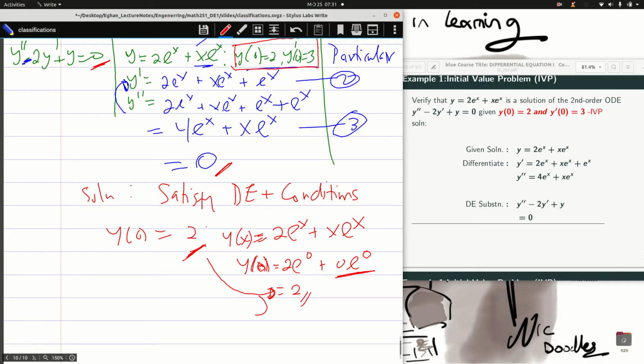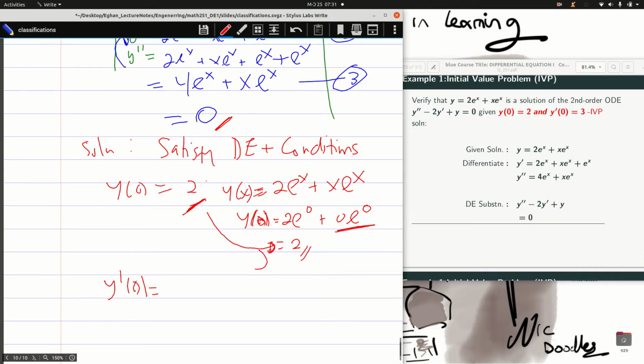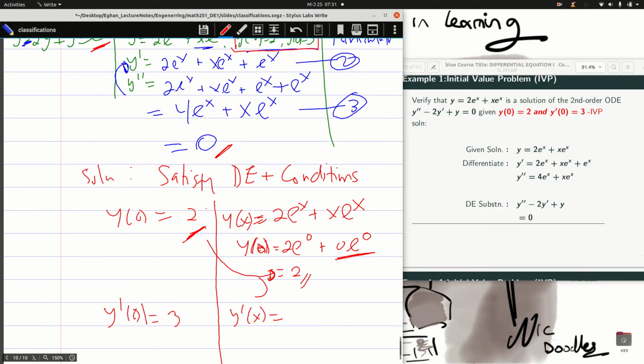I'm not done. I have to do the second condition that says that y prime at 0 should give me 3. So I have to differentiate y first. I've already done that. We had 2e^x plus xe^x plus e^x.